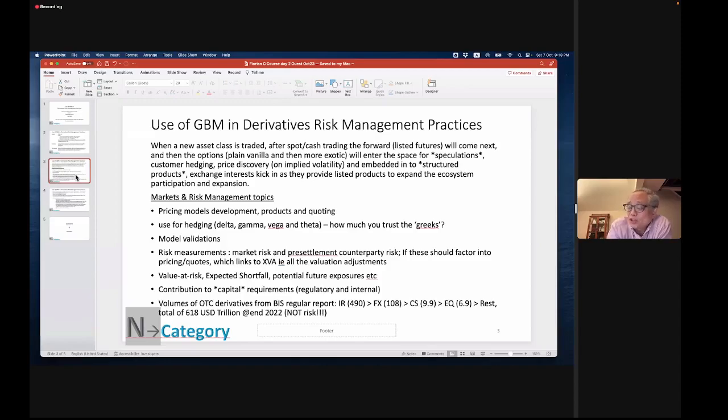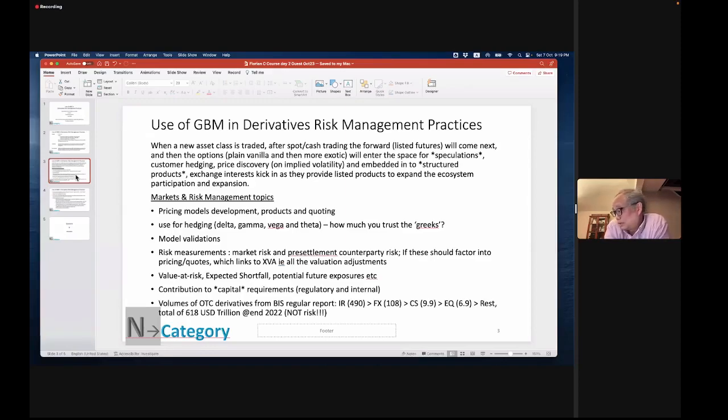And then you have other measures, the value at risk, expected shortfall, and some of these will enter into regulatory capital calculations for banks. The last bullet is just some information from the BIS, the Bank for International Settlements, where they have a half-yearly OTC derivative volume report coming out.